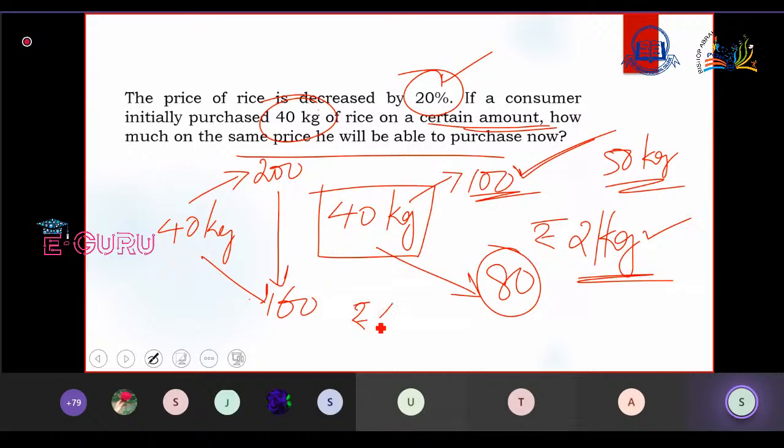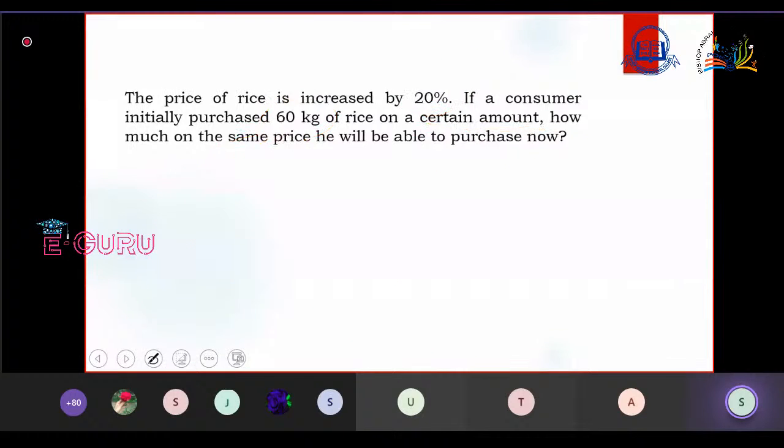So current price is rupees 4 per kg. So if current price is rupees 4 per kg, you have 200 rupees with you, you can purchase 200 by 4, 50 kg, again the same answer. Clear? So we will move to the next question.